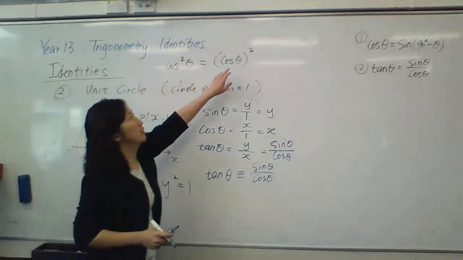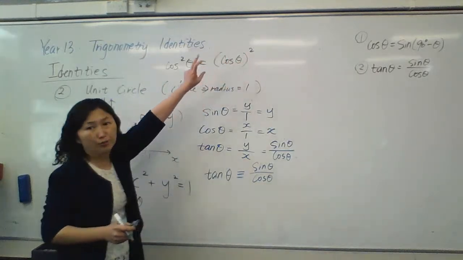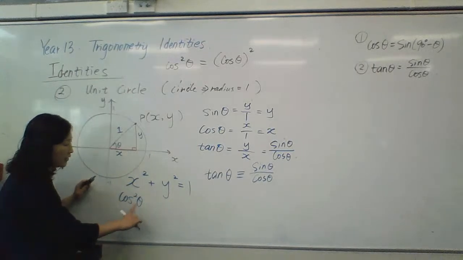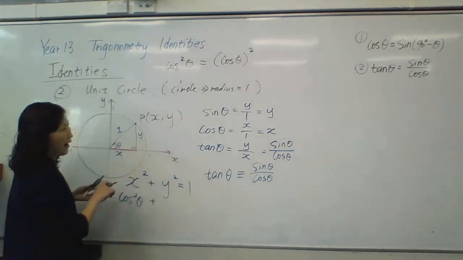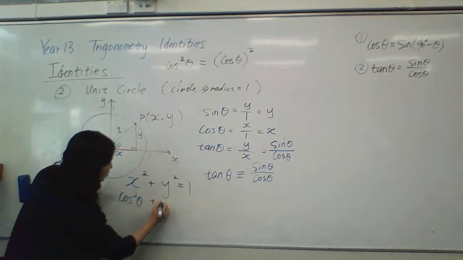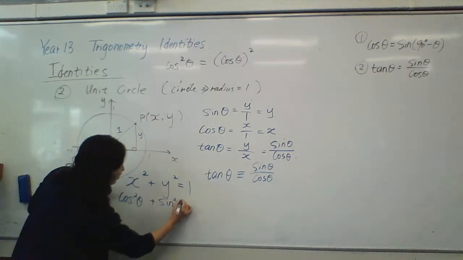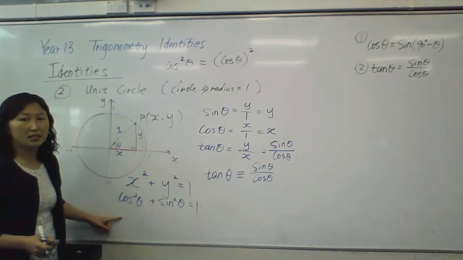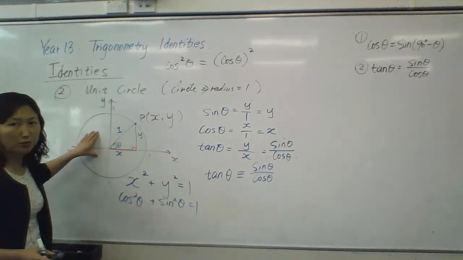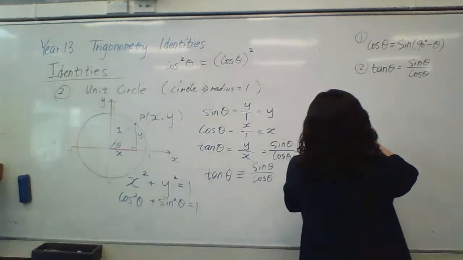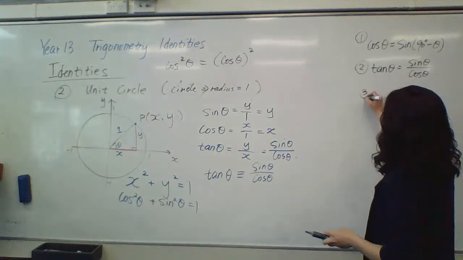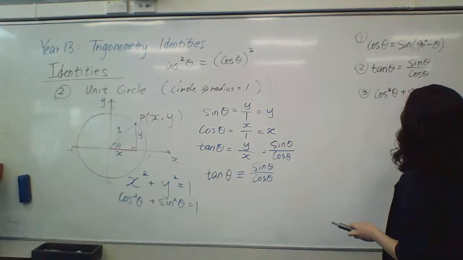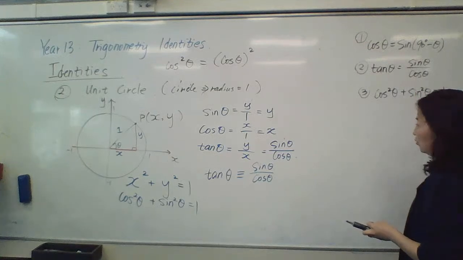In trig, we put this little power in the middle top. So I got cosine squared plus y, which is sine theta, so this will be sine squared theta equals 1. This is the third identity that we came out with from the unit circle. I'm going to write this on the right-hand side: cosine squared theta plus sine squared theta is equal to 1.